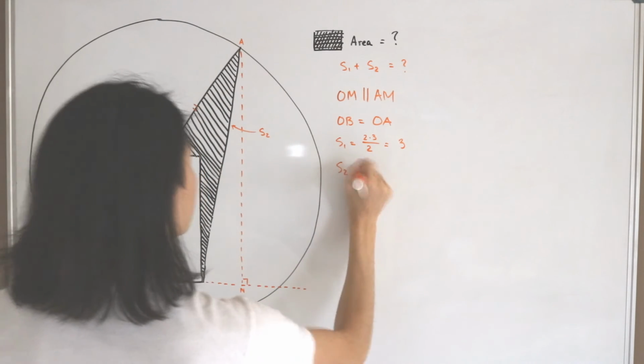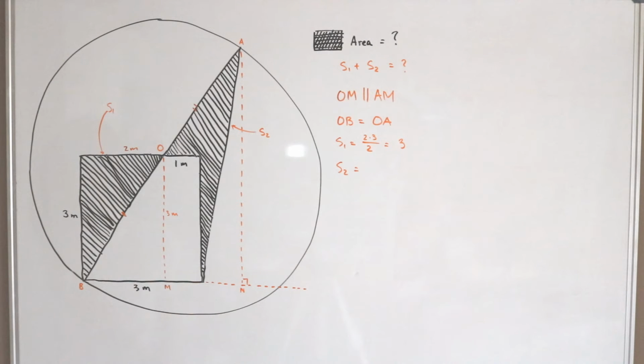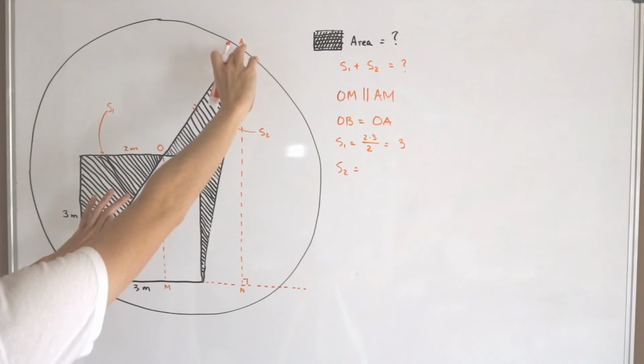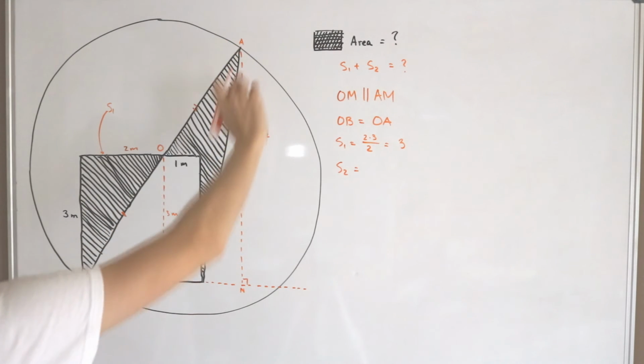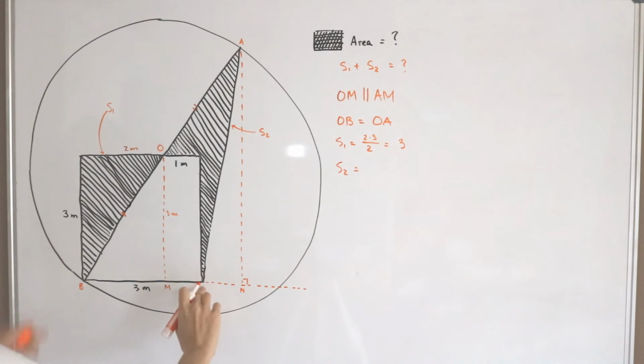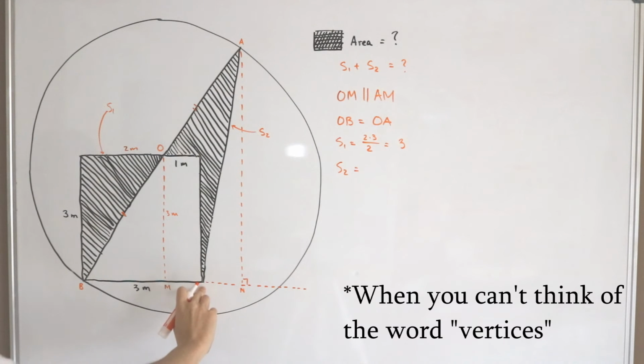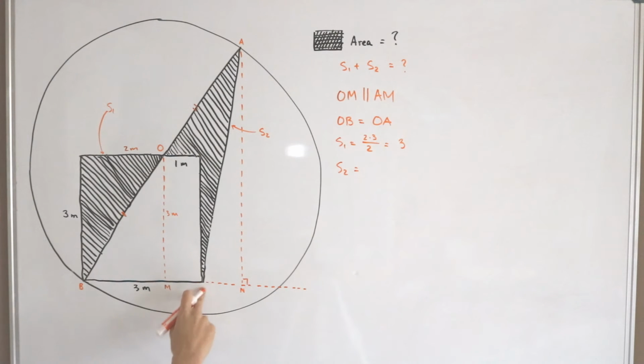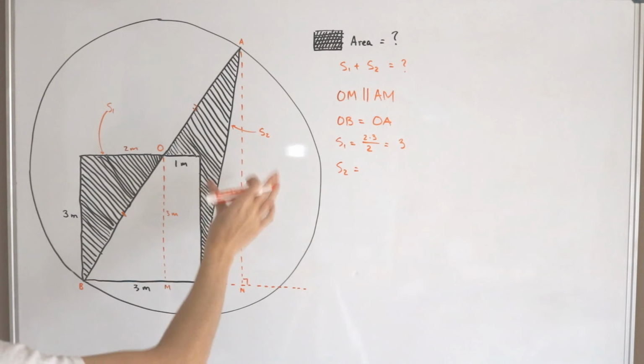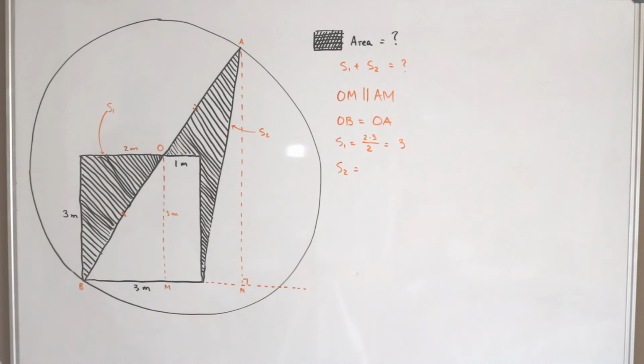For S2, we're going to take the larger triangle, BA and this piece over here. Even though this is an obtuse triangle, we use the same formula for the area of a triangle.